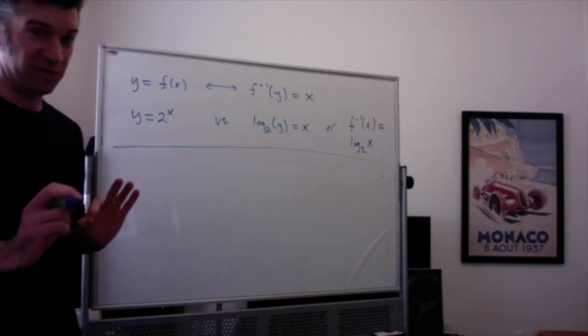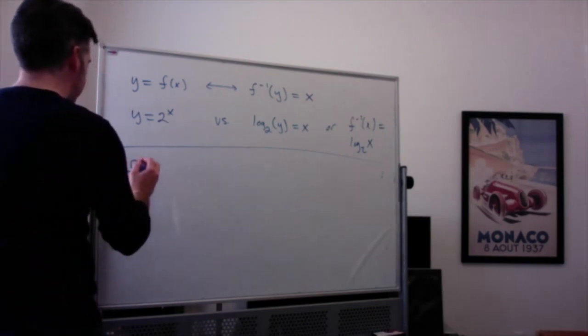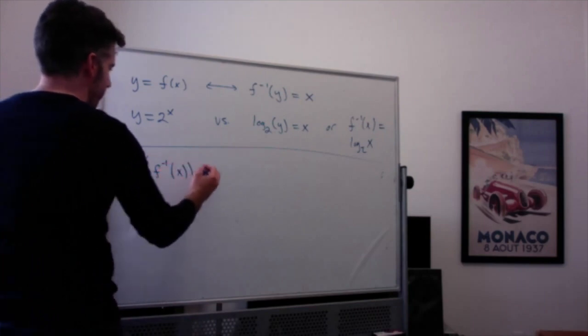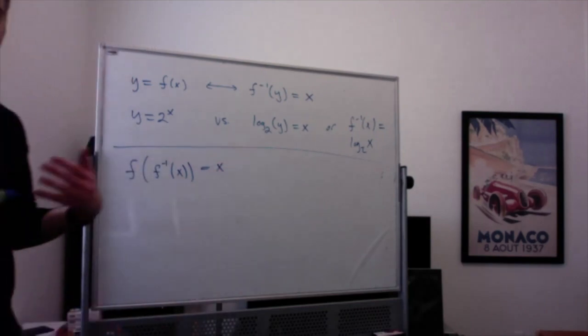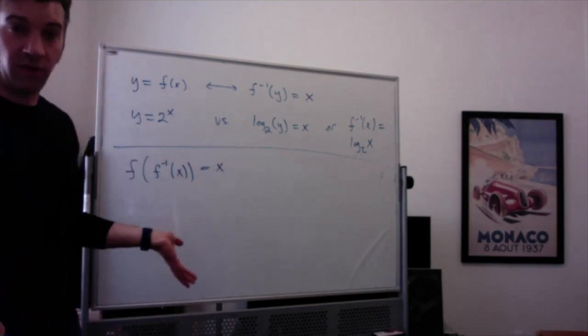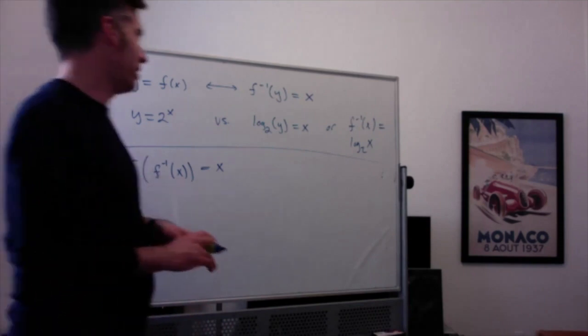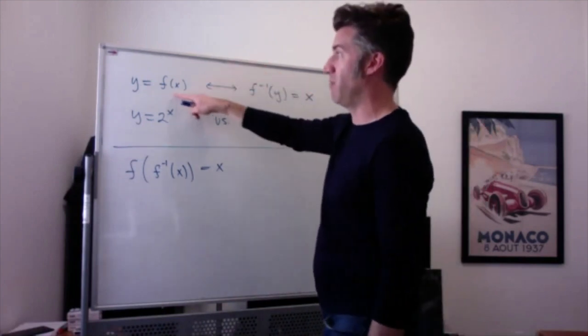So here's what I'm going to do. I'm going to use the chain rule. I'm going to say that f of f inverse of x is equal to x. This is true for functions that are invertible: f inverse does something, and then f undoes it. So f inverse of y gives us x, and if we plug back in x, we get back y.